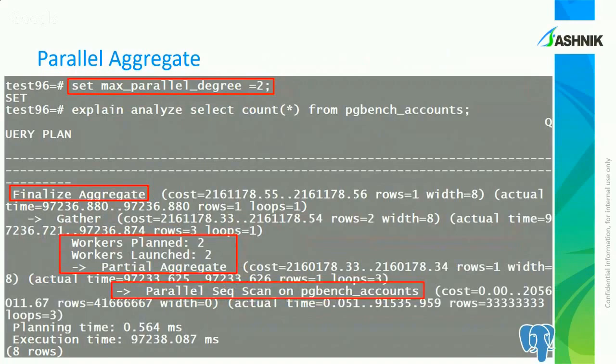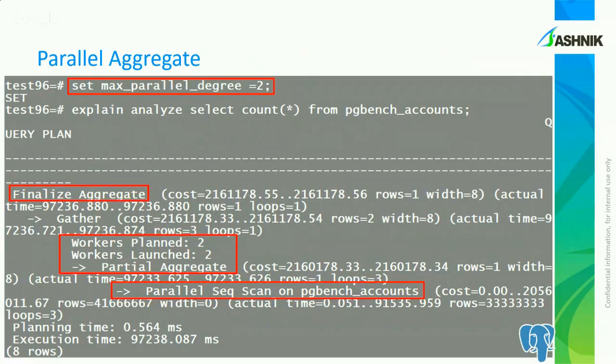Now let's look at some of the other plans which can benefit from parallel query in 9.6. I can also see the benefits of parallelism when I'm performing aggregate queries. For example, when I say count star from a particular table, it will do a parallel sequential scan, which feeds into partial aggregate.